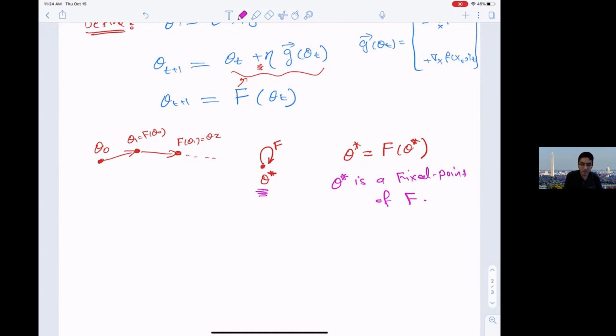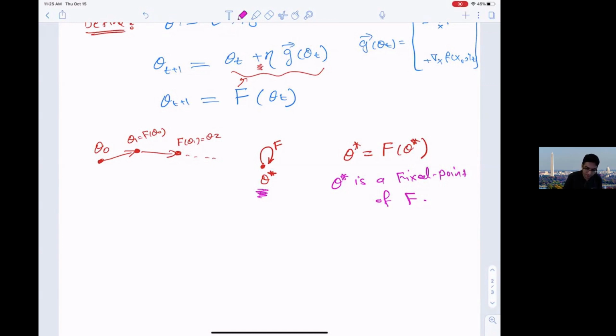So I'll talk about the conditions for the convergence and also the optimality in a minute. We may not actually converge, right? I may have an f that never converges to a point theta star. That's something that we'll talk about.